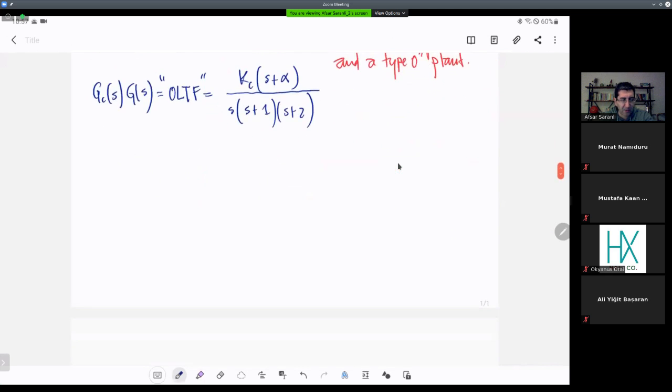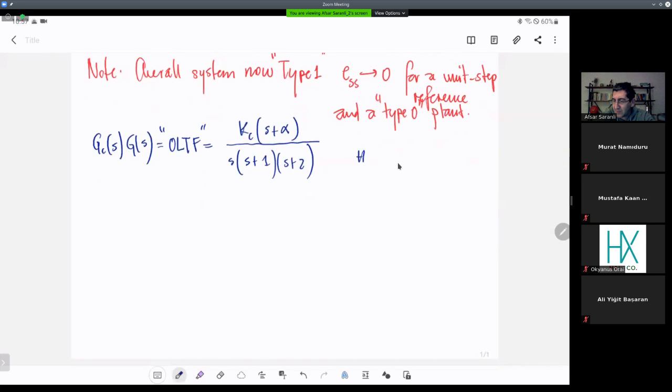So how about the number of asymptotes? Again, it is equal to the absolute value of n minus m, which is 3 minus 1, equal to 2 asymptotes.